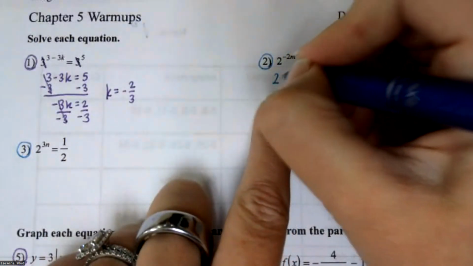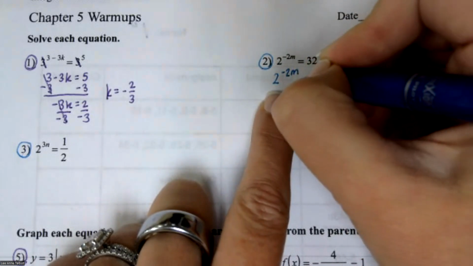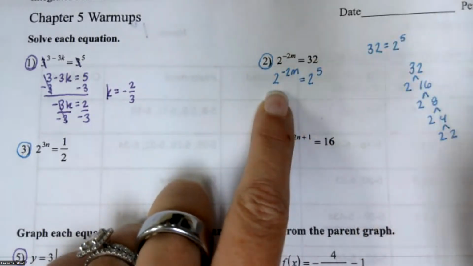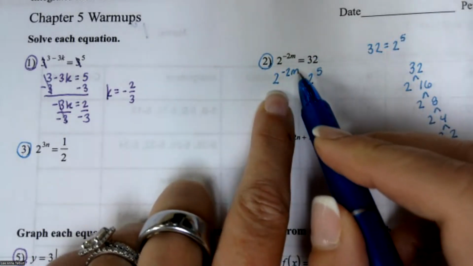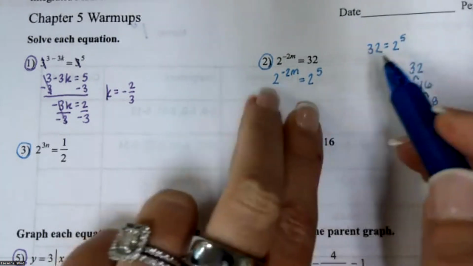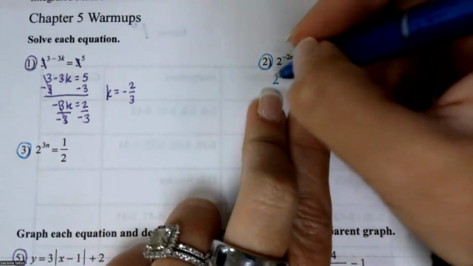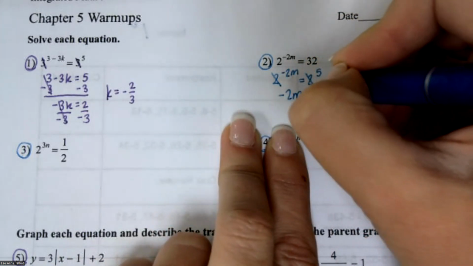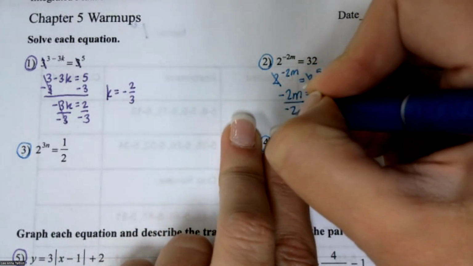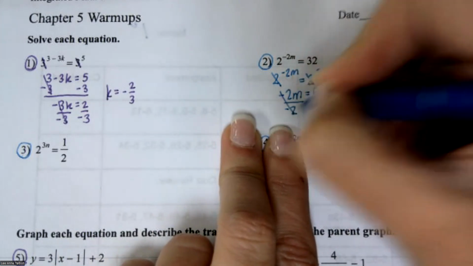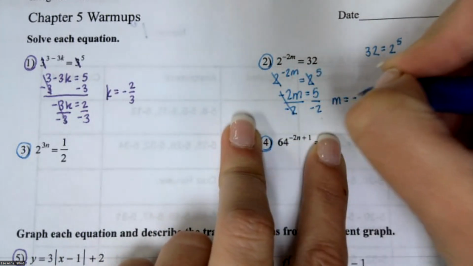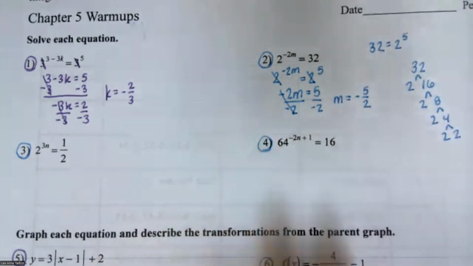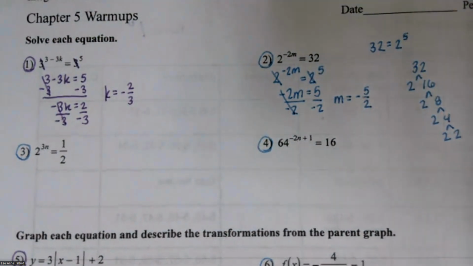So 2 to the negative 2m equals 2 to the 5th. I'm changing 32 to be 2 to the 5th on purpose because I want these bases to match. Once the bases match, I can cancel them. And voila, I can solve for m then.